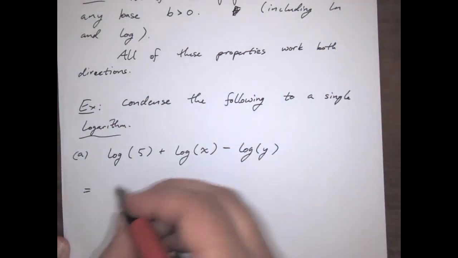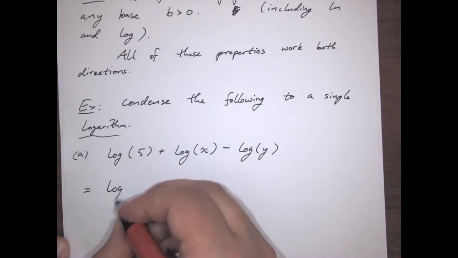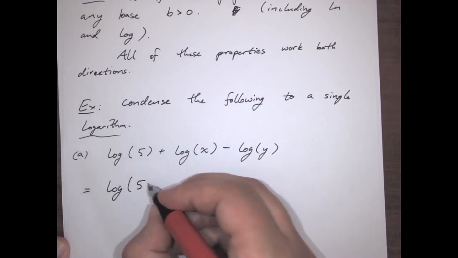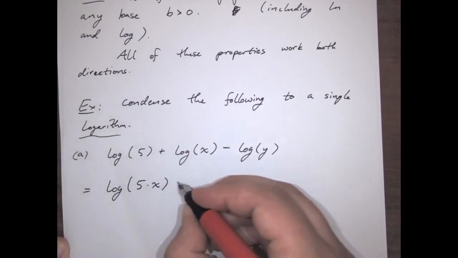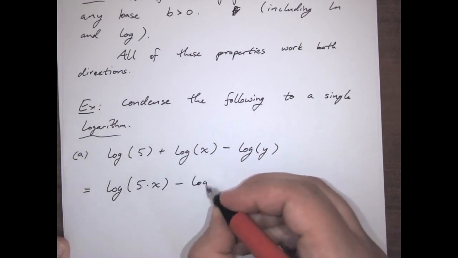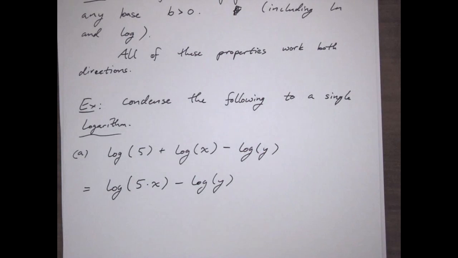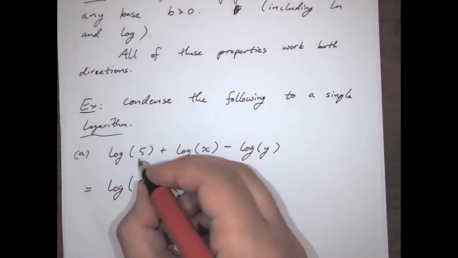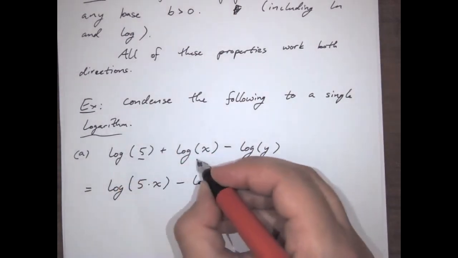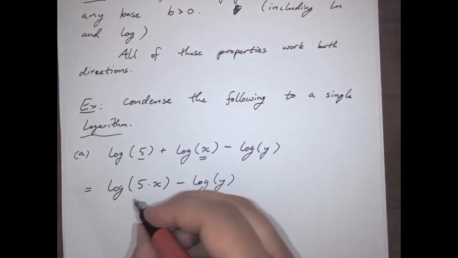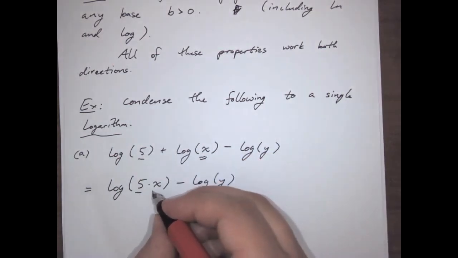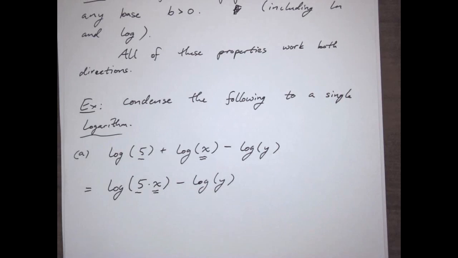So this we could actually just write as, first off, log 5 times x minus log y. I've just combined these, so log this plus log that is the same thing as log this times that.